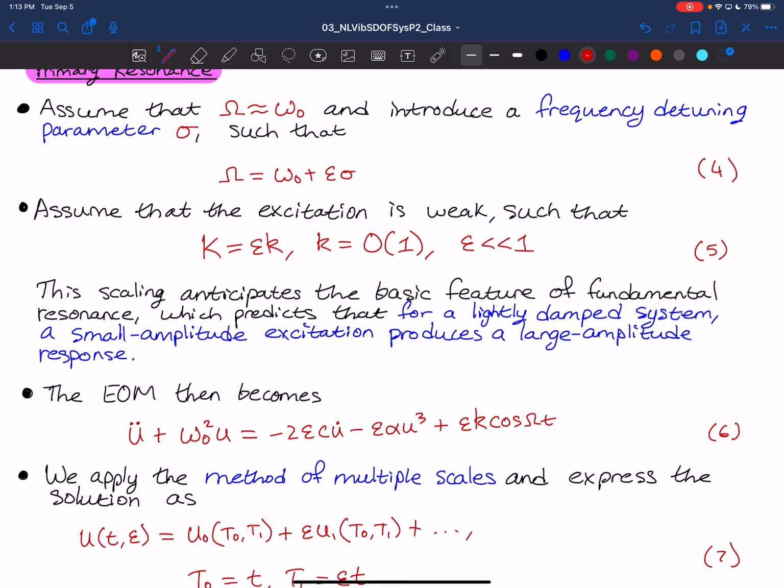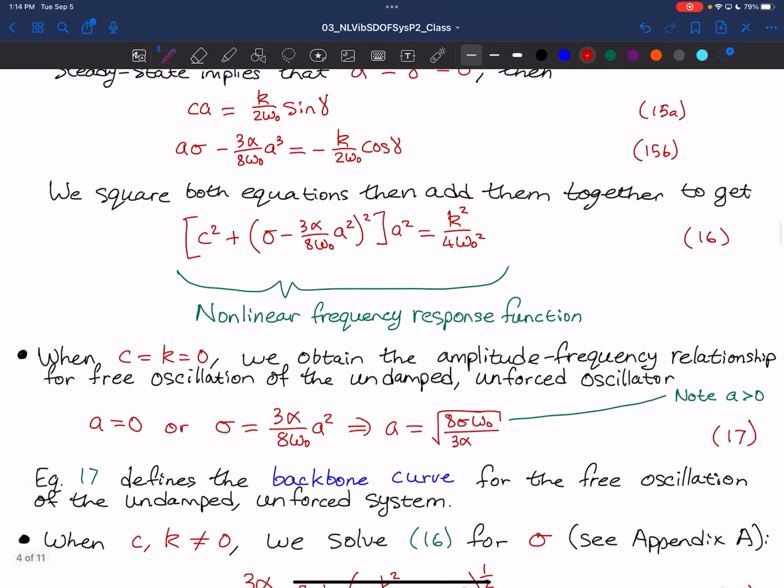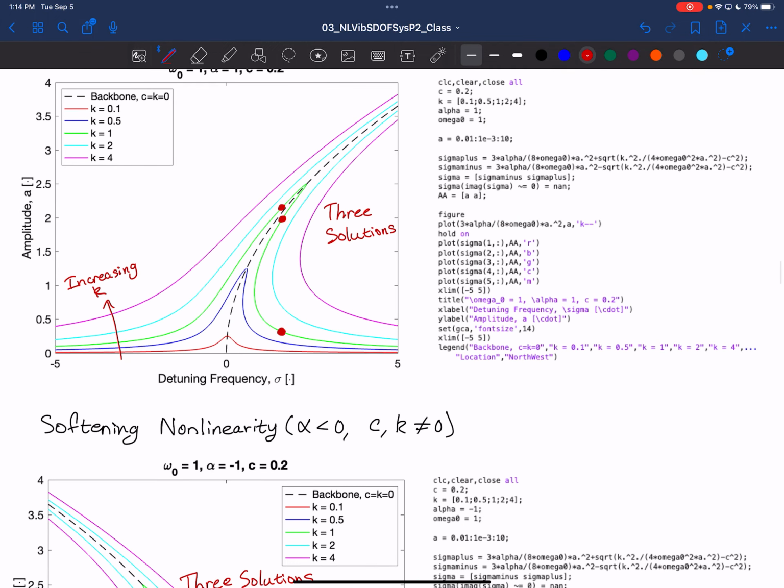And once you have these curves, if you provide me sigma, you can then determine what its amplitude could be. Right here, it could be one of 3, but actually it can only be 2 of these 3. And we'll get to that in the upcoming pages.